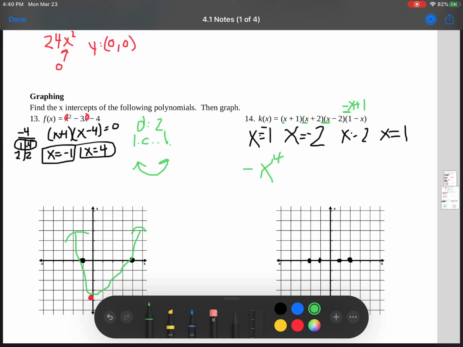Right, so we have a negative and we have an even. Right, so that means that the ends of our graph are both going to be going in the downward direction. Now my multiplicity is 1 on all of these things, so we're actually just going to continue our graph like so.